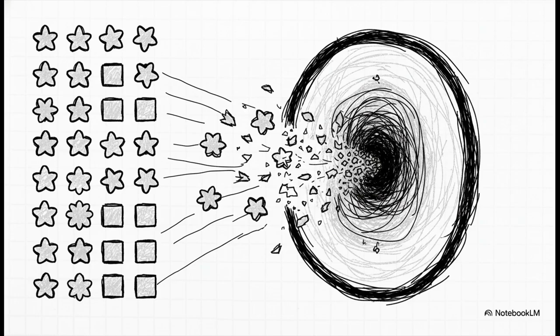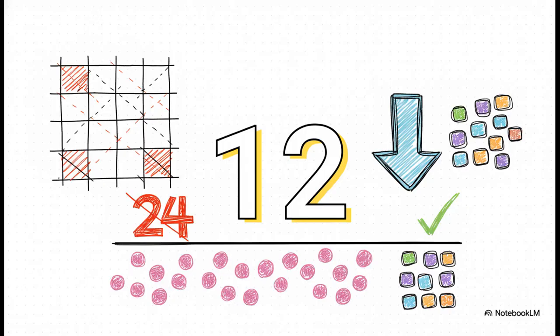So this means any of our 24 potential products that happens to include one of those zeros just vanishes. It turns into 0. We can just toss them out. And just like that, half of our work is gone before we even started. And poof, we've gone from 24 terms all the way down to just 12. Much more manageable, right? So now the only question is, which 12 products are left?